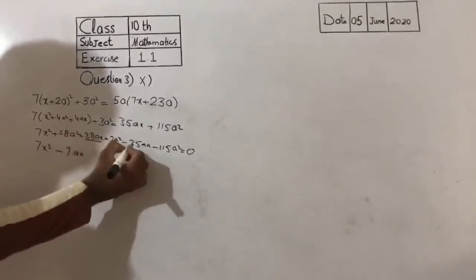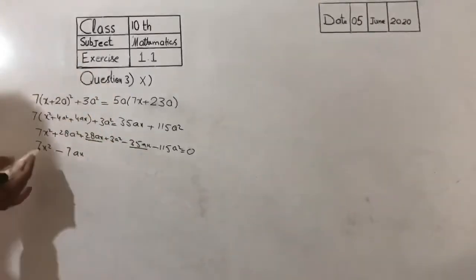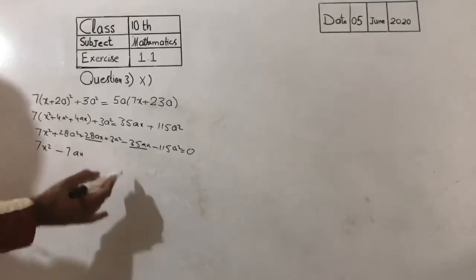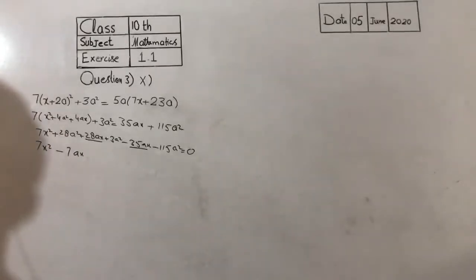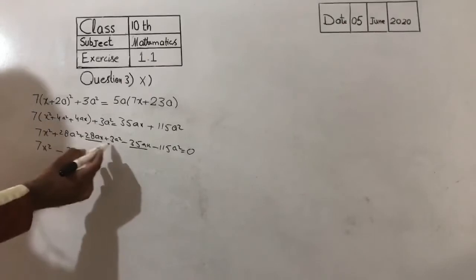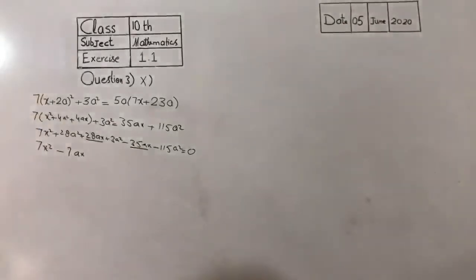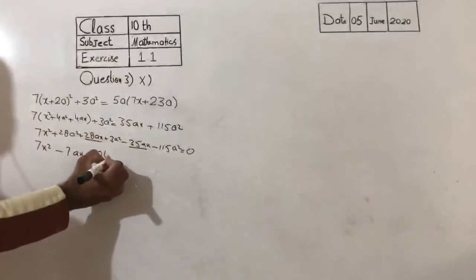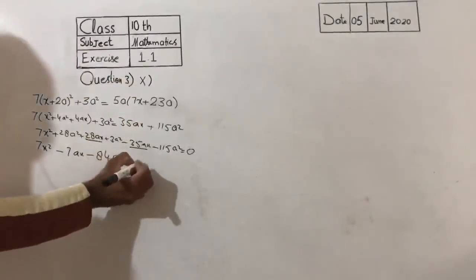First we write x square term, then x term, and in the last we write constant term, that is 28a square, 3a square and minus 115a square. When we add 28 and 3, we get 31, and when we subtract 31 from 115, we get minus 84a square. Minus 84a square is equal to 0.